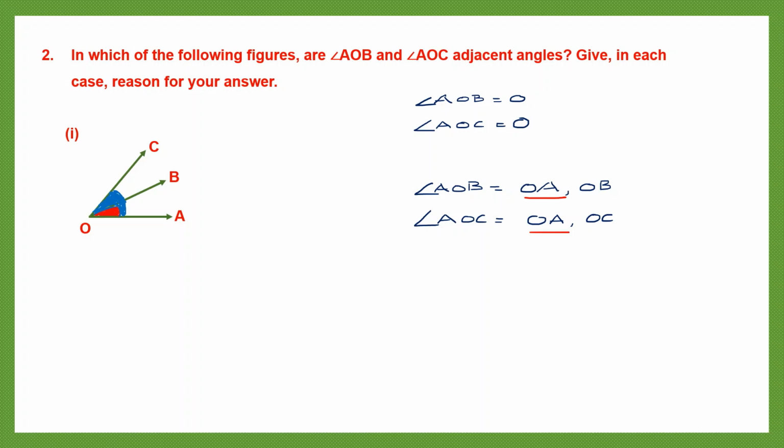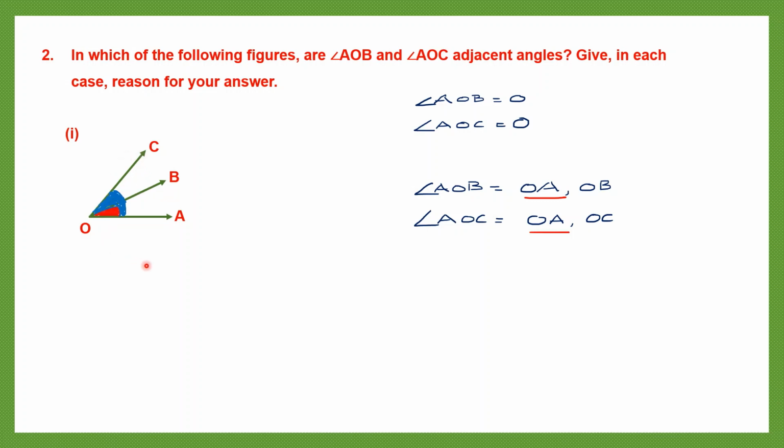But there's a third property which says that this common arm should be in the middle. That means the other arms should be on opposite sides of the common arm. So OA is right here. If this is to be in the middle, it should have come here somewhere, isn't it? So now OA is here, OB is here, and OC is also on the same side.